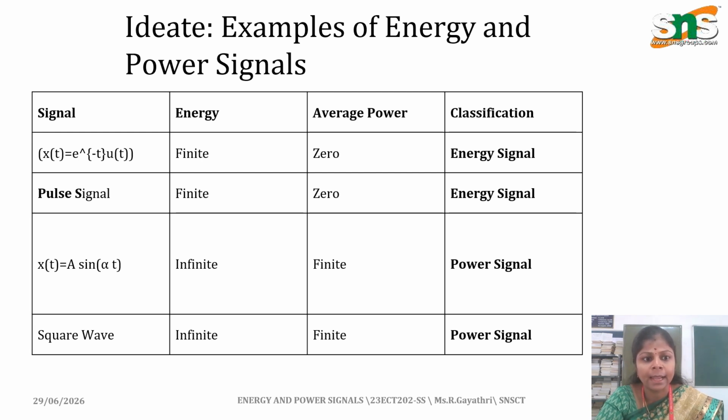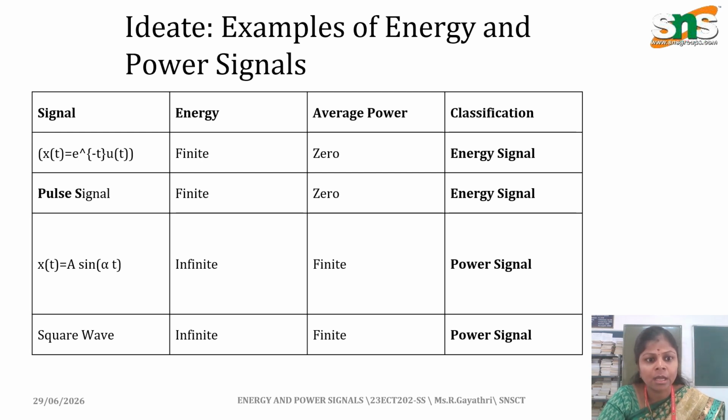And coming to the ideate part of energy and power signals, the examples. Consider the signal x of t equals e power minus t into u of t, where u of t is the unit step signal, which is 1 for t greater than or equal to 0, and for the remaining cases, the unit step signal is 0.